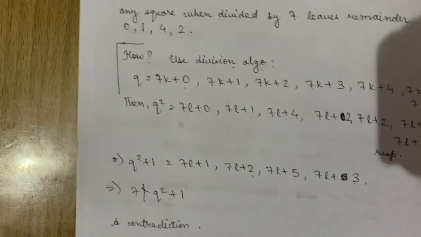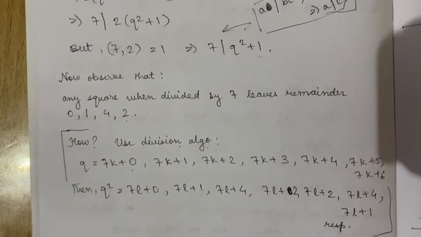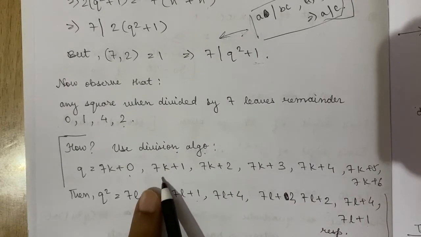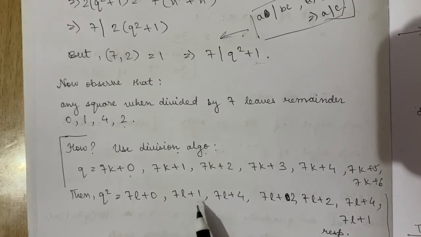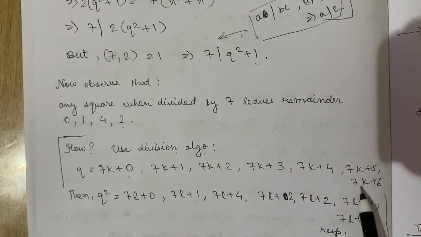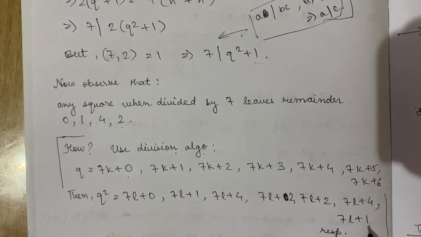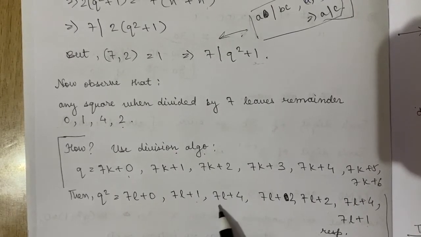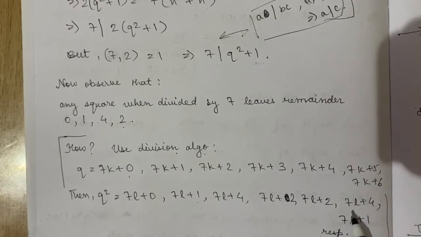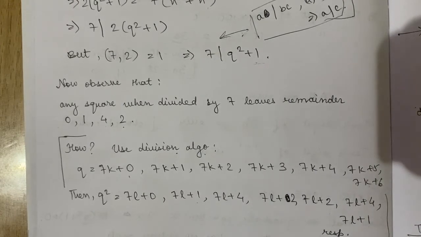The reason for this is, if you observe, the square of 7k plus 1 is of the form 7l plus 1, and the square of 7k plus 6 is also of the form 7l plus 1, and so on. 7k plus 2 squared is of the form 7l plus 4, and 7k plus 5 squared is of the form 7l plus 4.